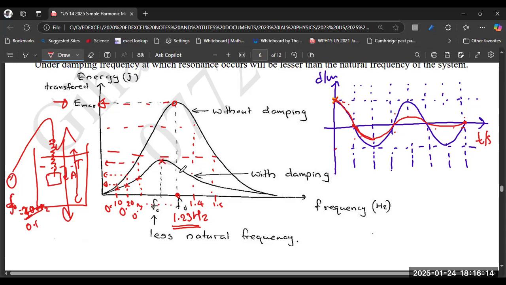And another special thing is happening. Under the damping situation, the spring mass system would give me a maximum energy at a frequency which is smaller than the natural frequency of the spring mass system when it has no damping.